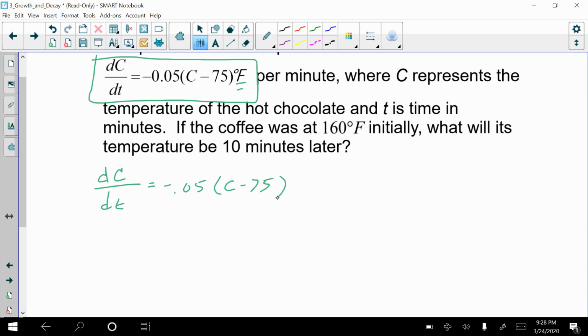Well, we want to be able to separate the variables, so we're going to divide by the expression in parentheses and multiply by the dt in the denominator, and that is going to give you dC divided by (C minus 75) to be equal to negative 0.05 times dt.